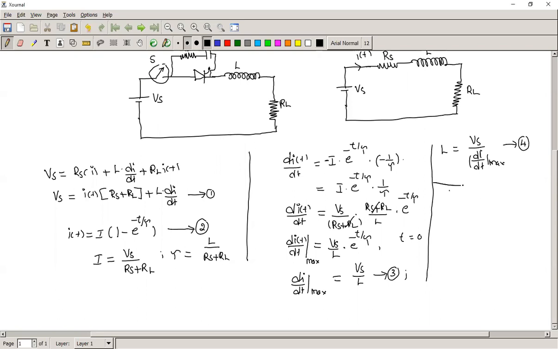Here, VA, the anode voltage, equals i of t into RS.